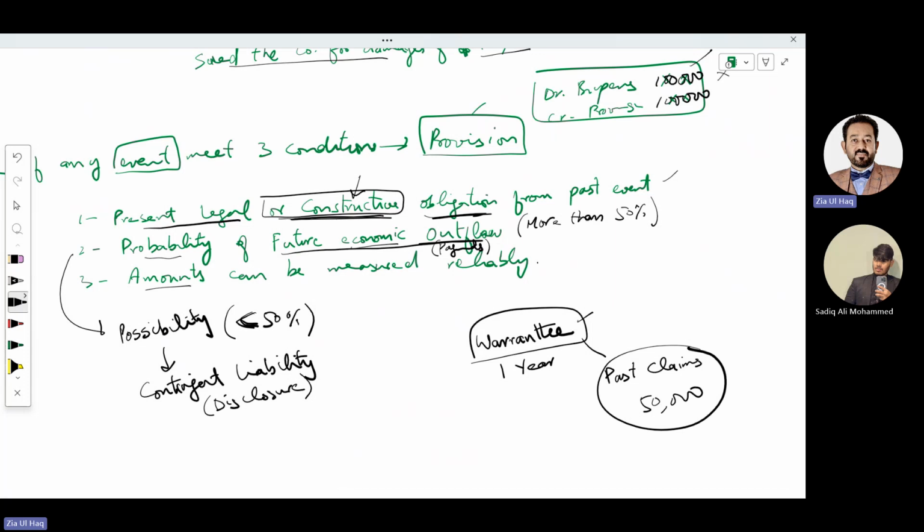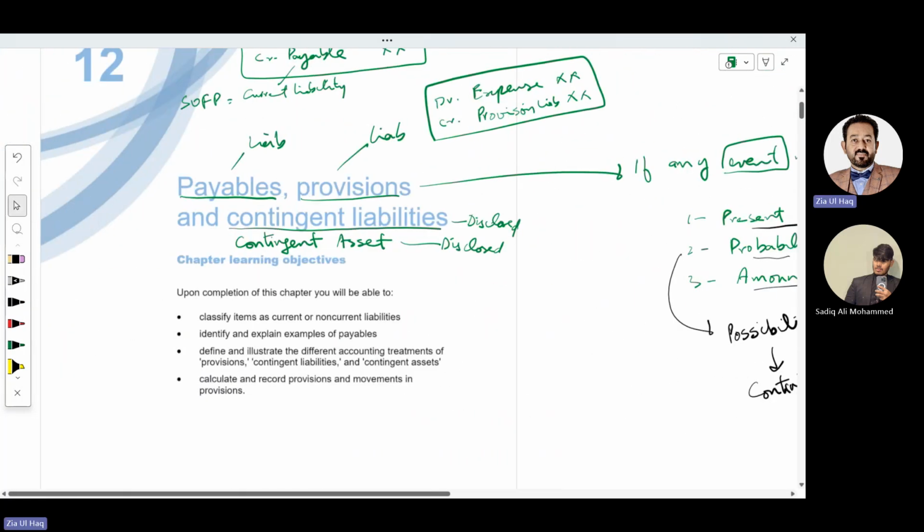Expense debit, provision credit. A present legal obligation means the obligation has been imposed upon you by another party, like through court. Constructive means you have constructed the obligation yourself, like you have provided warranty. So that warranty is an obligation that you have constructed by yourself. Can you understand this?